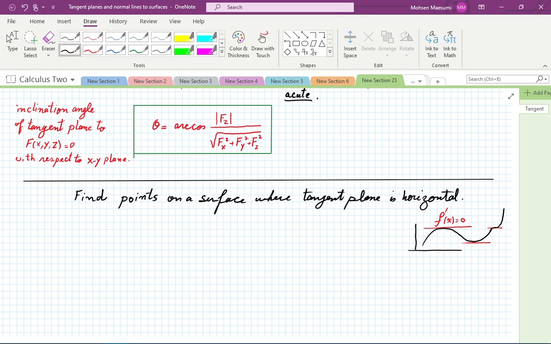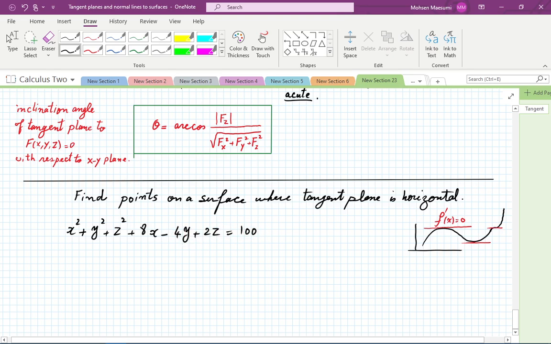So we had all these topics faced for simple functions in Calculus 1. Exact same thing comes up in Calculus 3. So suppose I have a function, say x squared plus y squared plus z squared, say 8x minus 4y plus 2z, say equal to 100. That's what we want. Find the points on this thing where the surface, where the tangent plane is horizontal.